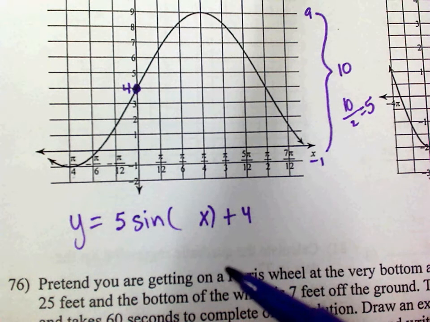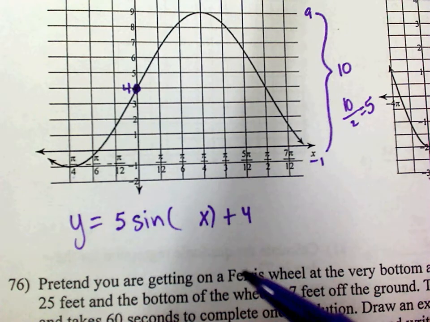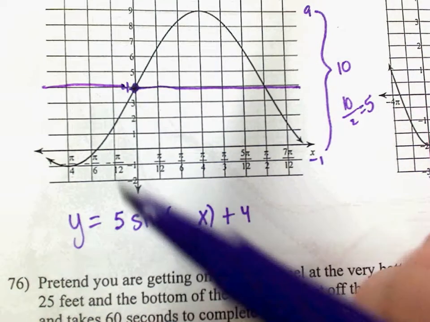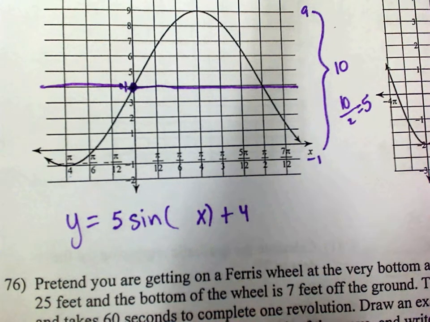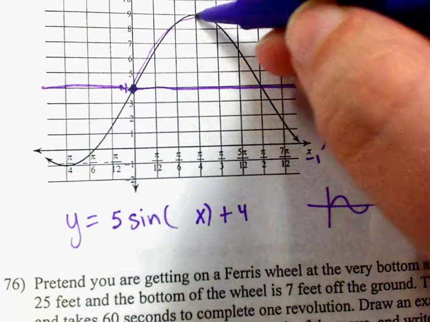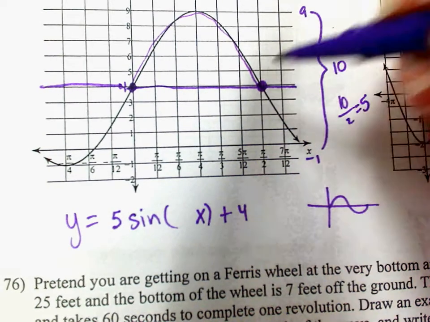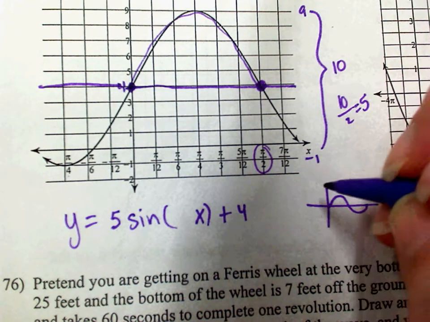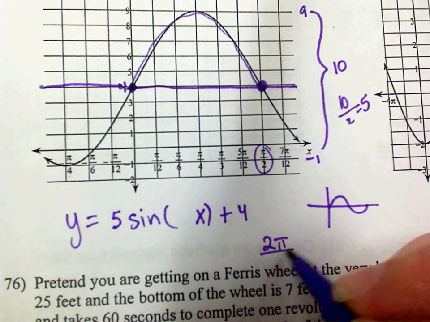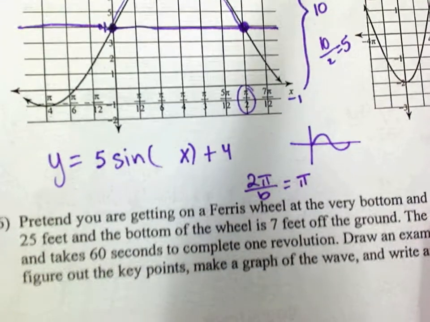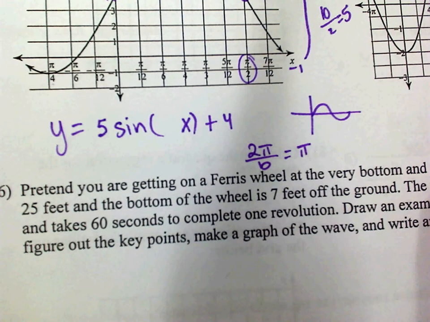And how do I figure out the period of the wave? Well, first I gotta find the period, right? In a sine wave, how much do we see right here? We see half, so if half is half a pi, then what's the whole period? The period is pi. So 2 pi over b equals pi? 2 pi divided by what gives you pi? 2.